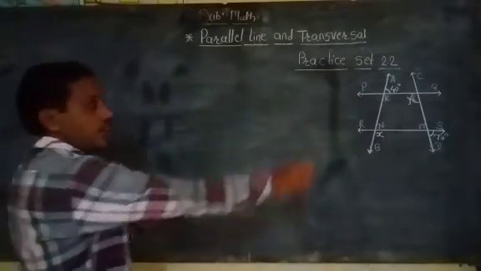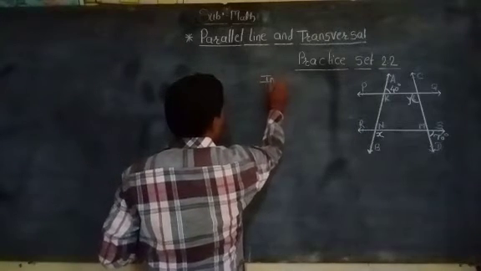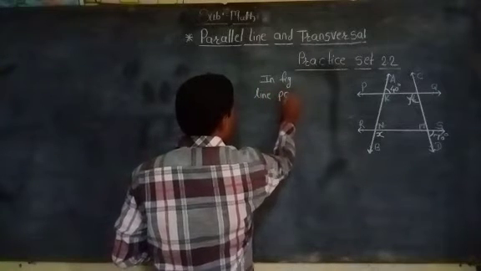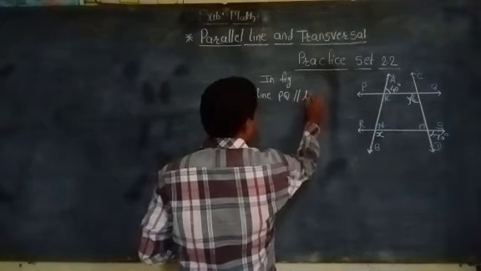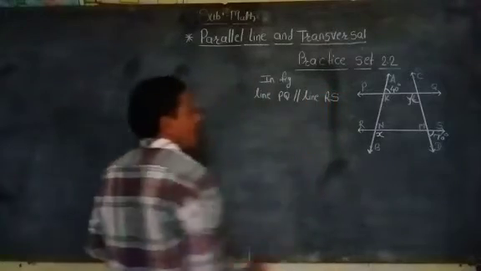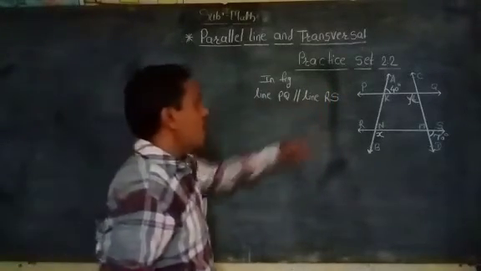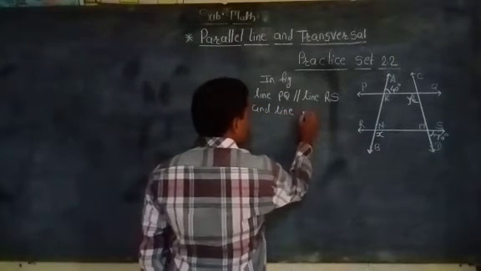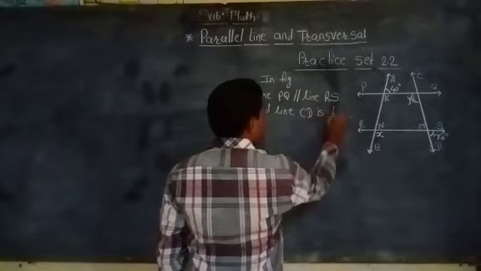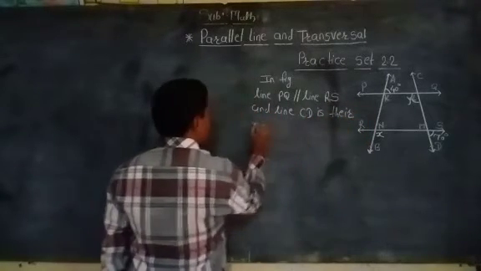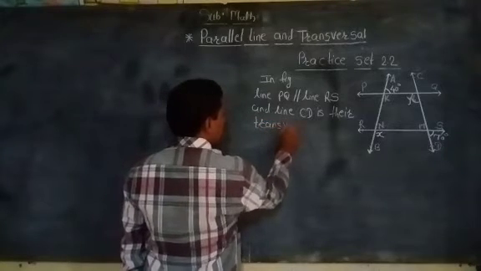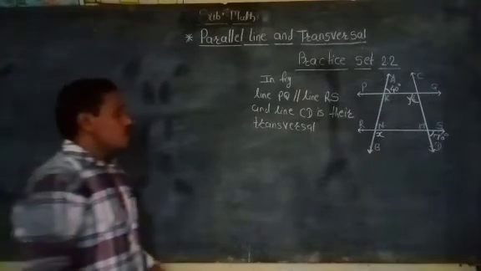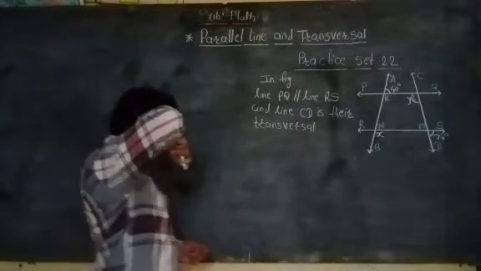So what is the given? We can again write down: in the figure, line PQ is parallel to line RS, and line CD is the transversal.